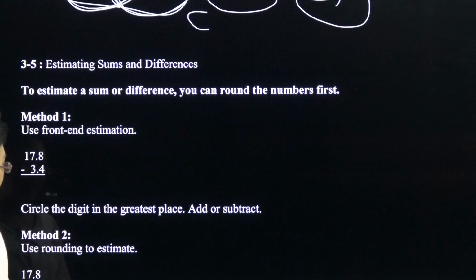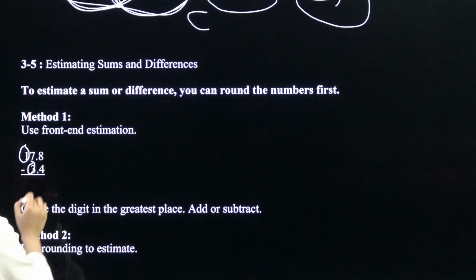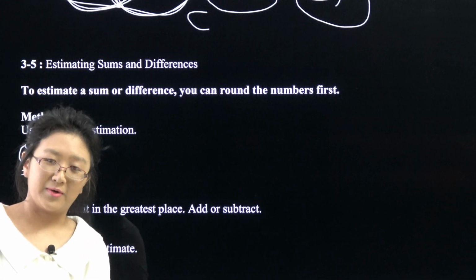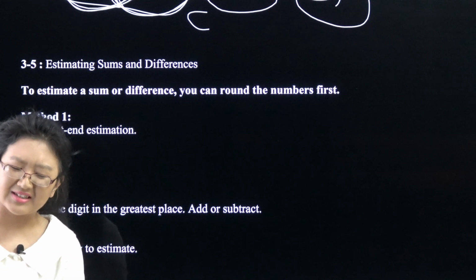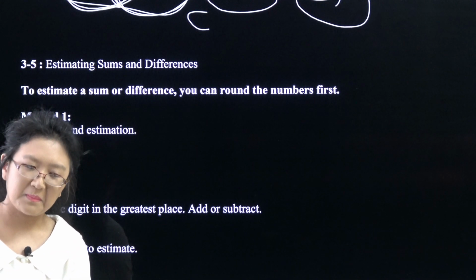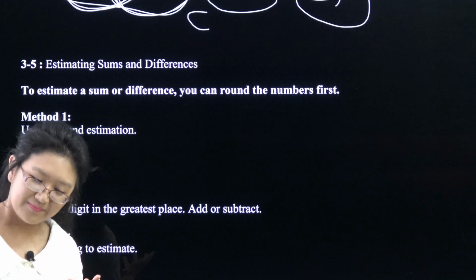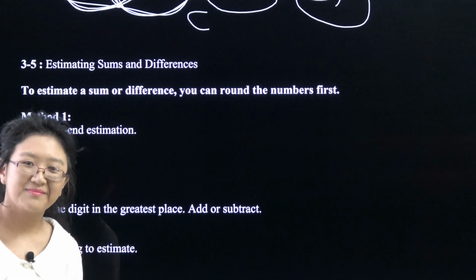Front-end estimation is, well, you look at the digit in the greatest place and just add or subtract. It has the ability to go completely and utterly wrong at times.